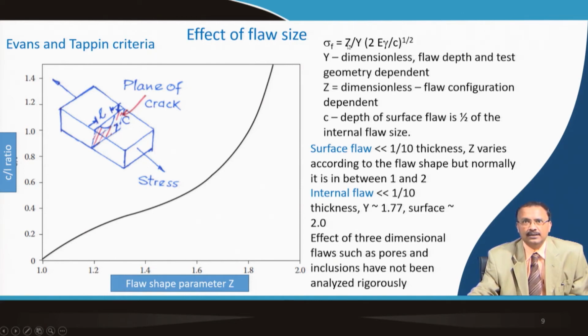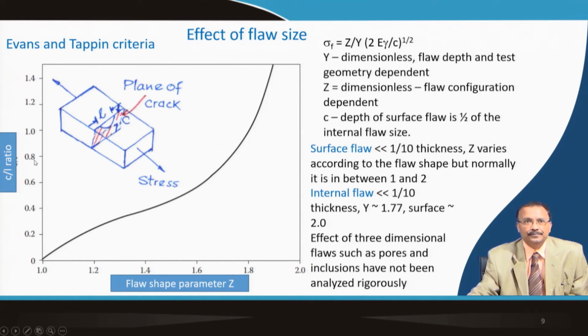Now, here you have two dimensionless parameters, one is Z and one is Y. This Y is related to the flaw depth and test geometry, and Z is also dimensionless, and this is also dependent on the flaw configuration.